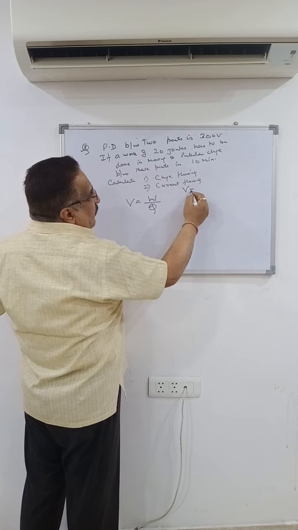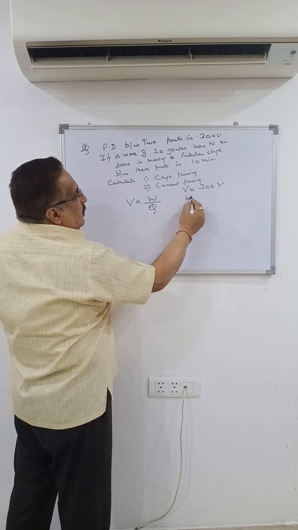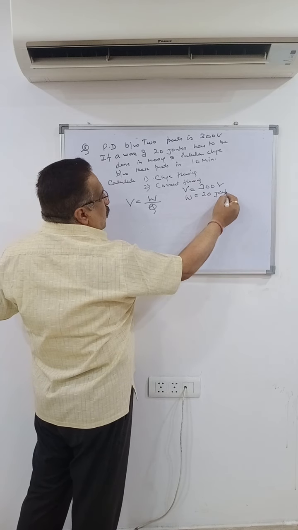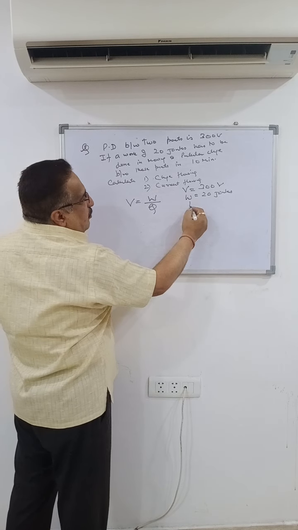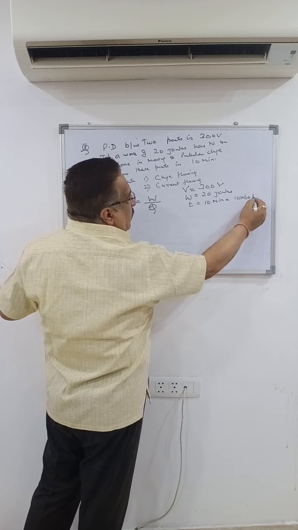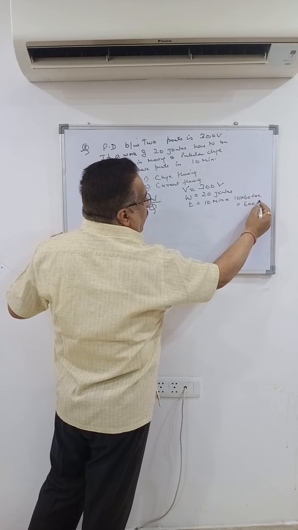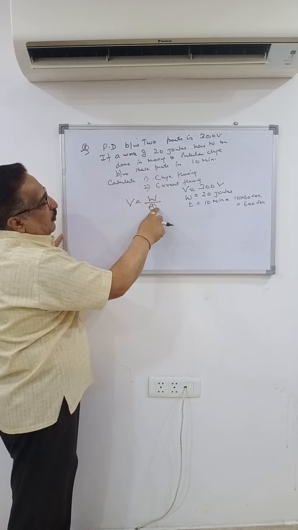First of all, V is equal to 300 volts. W is equal to 20 joules. Time is 10 minutes, equal to 10 into 60 seconds, 600 seconds. Now first of all calculate charge flowing Q.